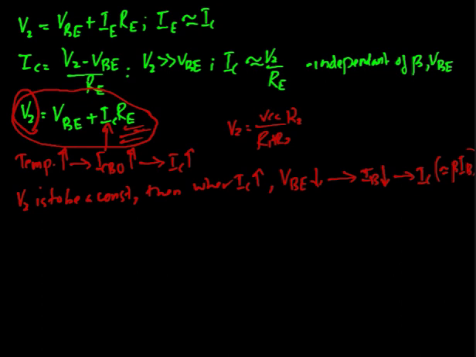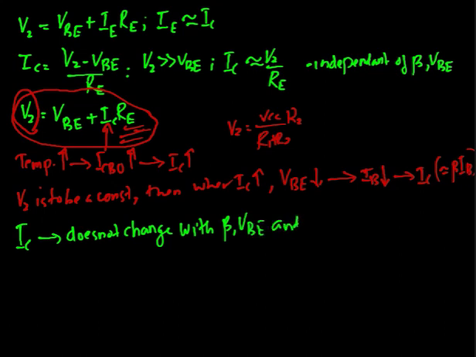So we can say that the collector current IC is constant, or IC does not change with the transistor parameters beta and VBE, and also with changes in temperature.